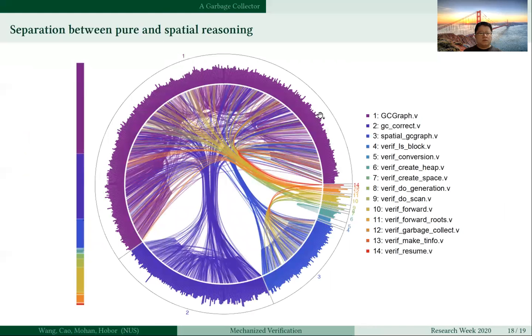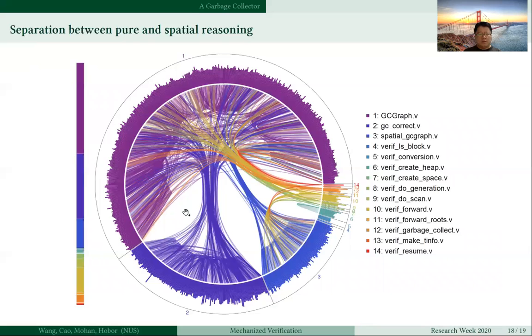This is the visualization of all the theorems we used to prove the garbage collector. Each stick is one theorem, and these curves are the dependencies of these theorems.